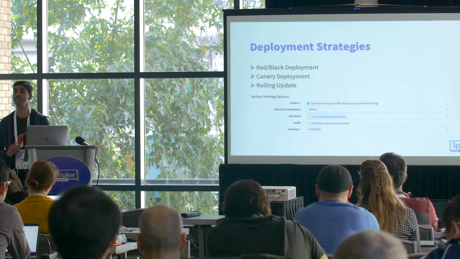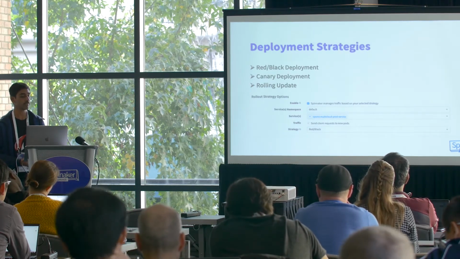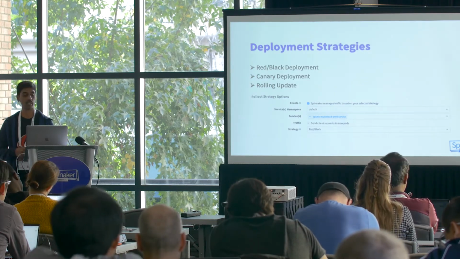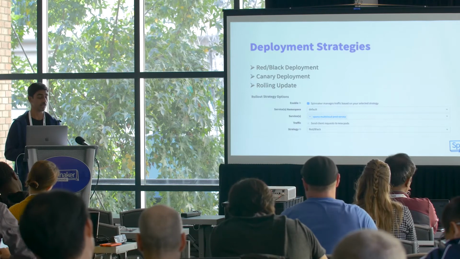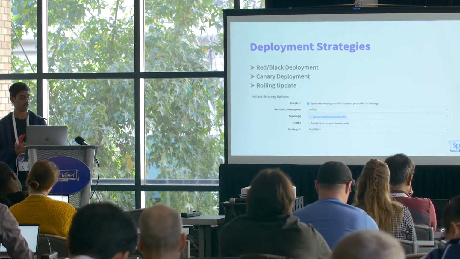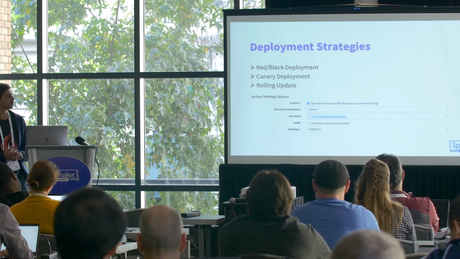Now, how do you do safe deployment strategies? Spinnaker provides a red-black deployment strategy for AWS and GCP, and in 1.16, traffic management is introduced for the red-black deployment.